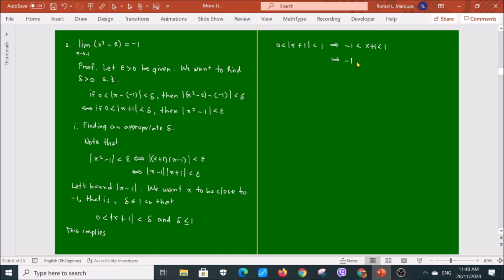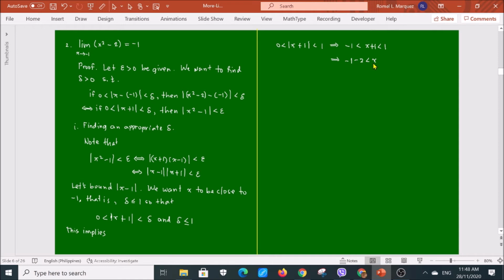So negative 1. I want to make the one in between x minus 1. How to convert this to x minus 1? I have to add negative 2.